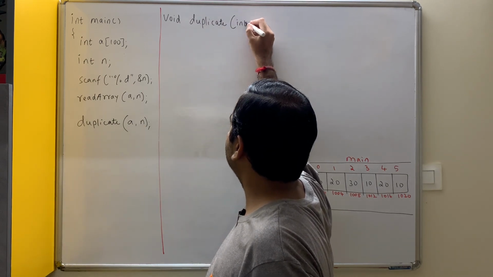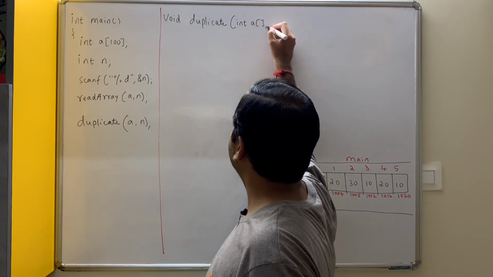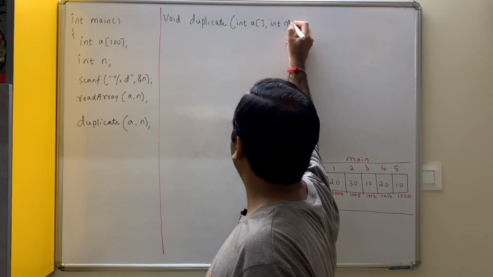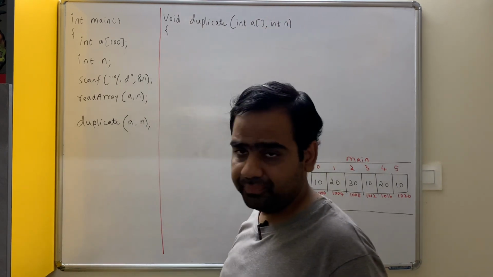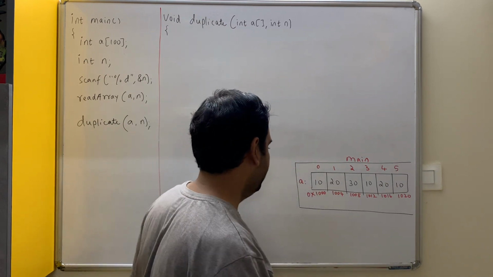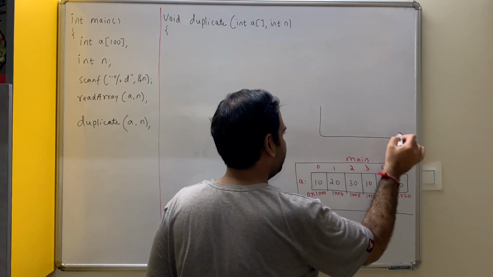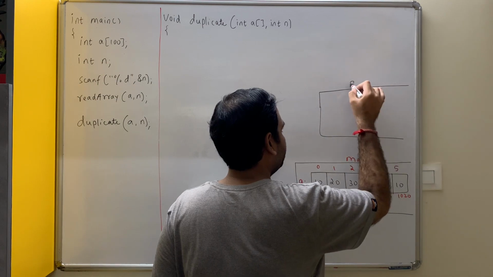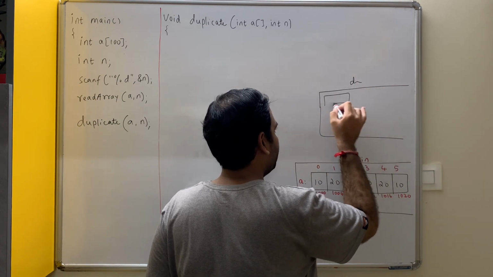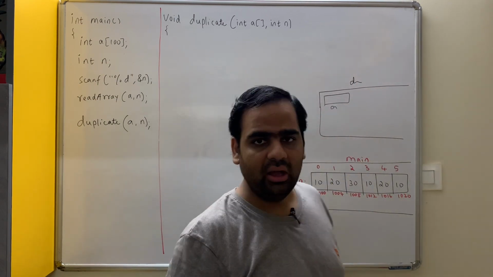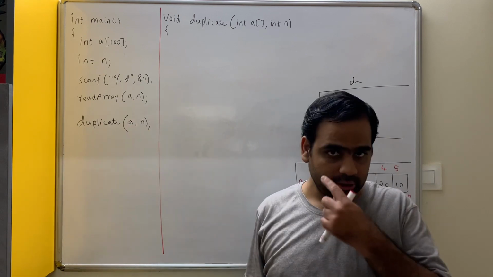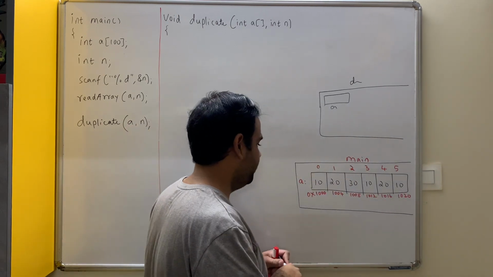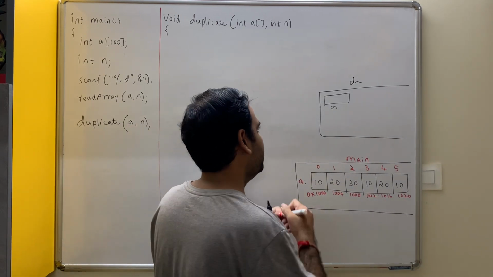Integer one dimensional array. And what is the next parameter? It is integer n. Now whenever you call the function, the scope of the function gets activated. Now this is the duplicate function. There is one parameter called A. And whenever arrays are passed to the function, the base address gets passed. And what is the base address here? The base address is 1000.